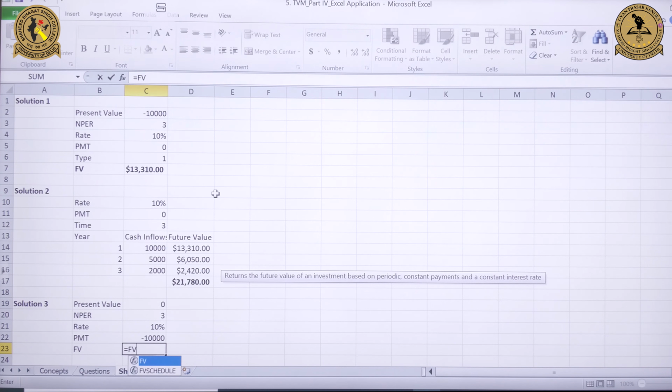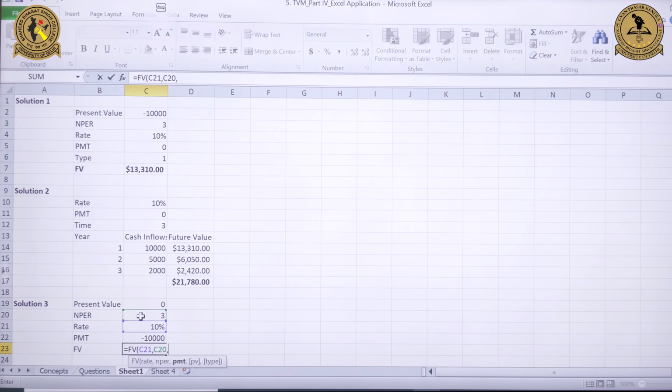The moment I type equals to FV, again it is asking for rate, which is 10% in this case. Then NPER is 3. PMT, again you need to click on C22. Present value is 0. Since the payment is made at the end of the period, I need to type 0. Bracket close.